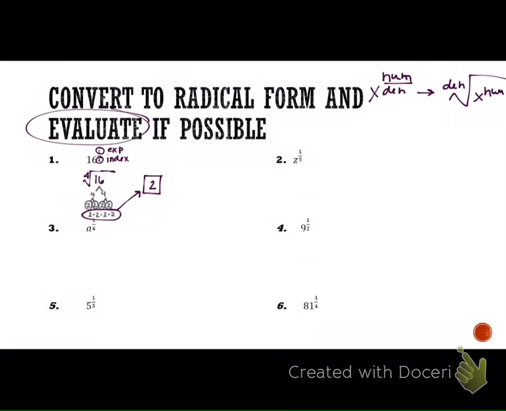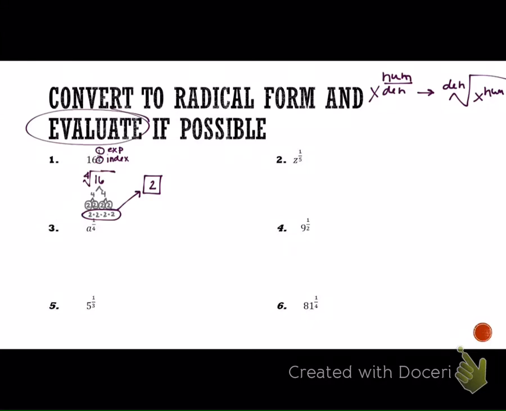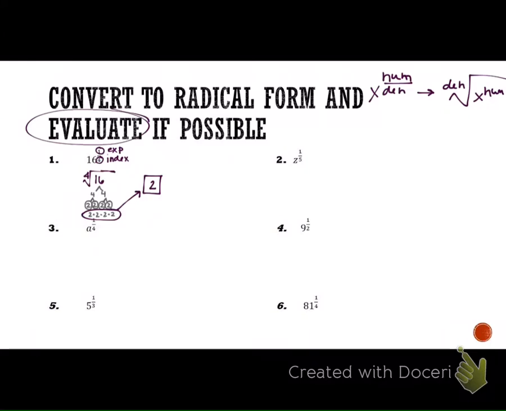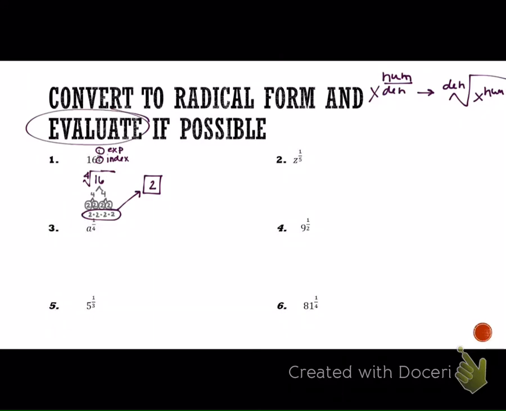Okay, RC, how would I rewrite z to the 1/5 then? What would be my index, the 1 or the 5? The denominator goes to the index spot. So which one is your index?